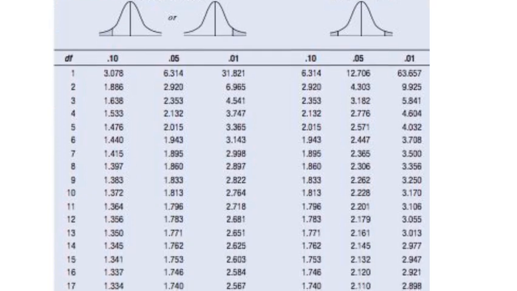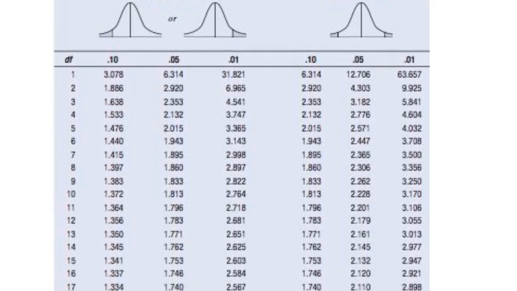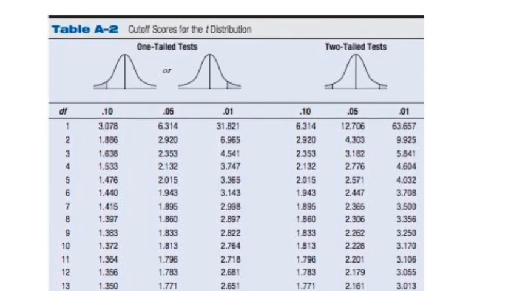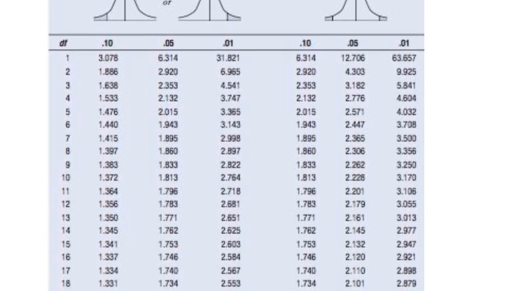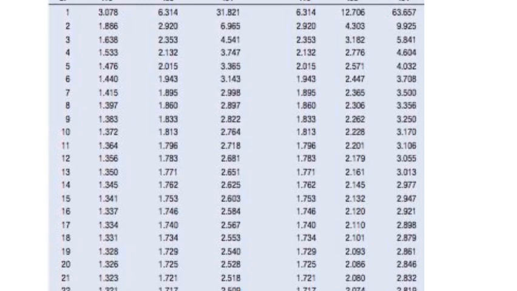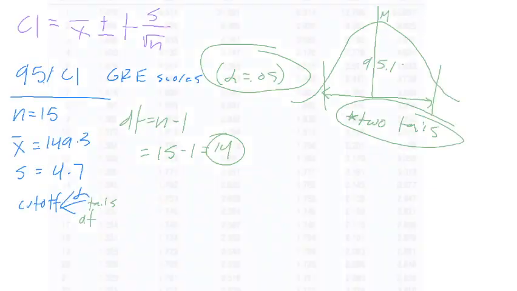So I'm going to scroll down. We're looking on the right-hand side under the two-tailed test, in the middle of those three columns, the 0.05, and going down to where there's 14 degrees of freedom. If we do that, we find a value that looks like 2.145. So let's hop back over to the whiteboard.